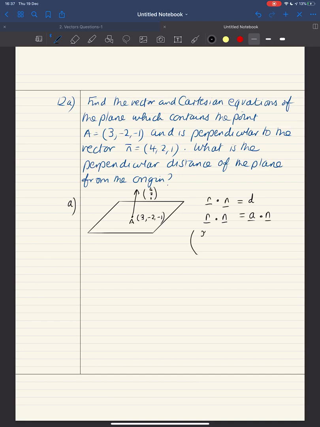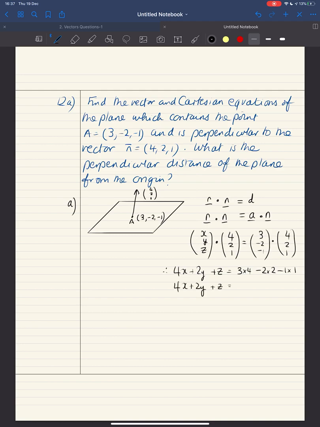And r is x, y, z, and the normal is 4, 2, 1. So this is 3, minus 2, minus 1, dotted with 4, 2, 1. So therefore 4x plus 2y plus z equals 3 times 4 minus 2 times 2 minus 1 times 1. So we have 4x plus 2y plus z equals 12 minus 4 minus 1, so it's 12 minus 5, which is 7.